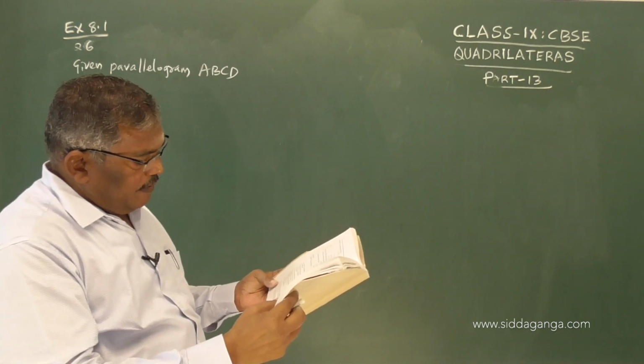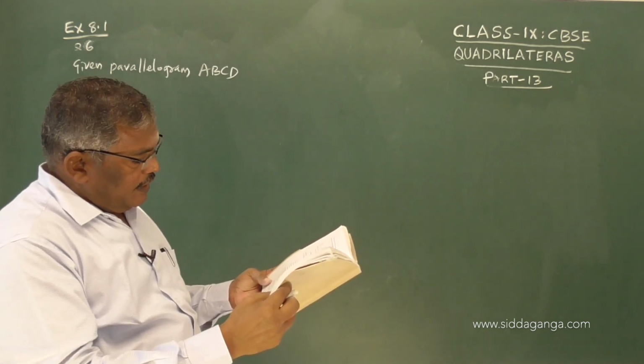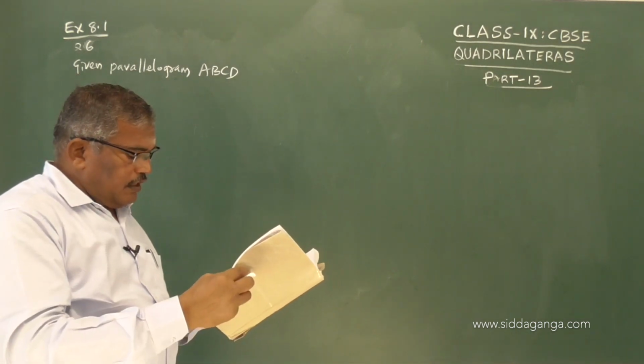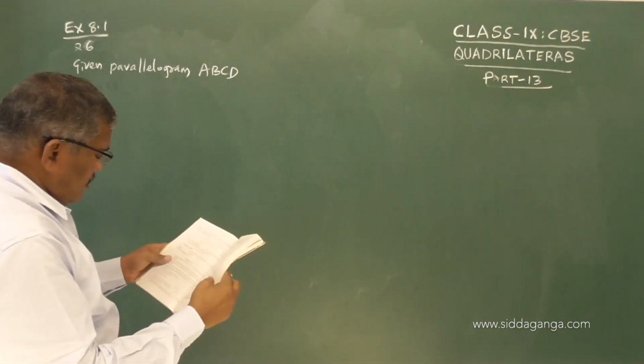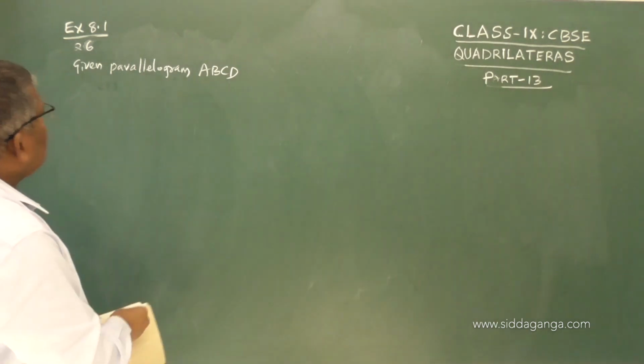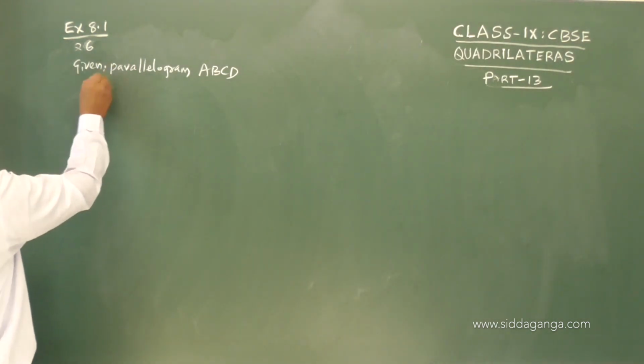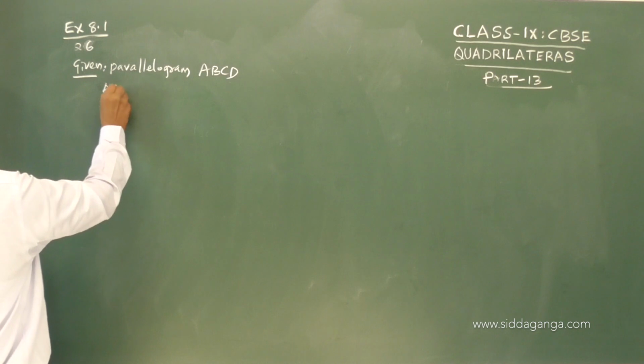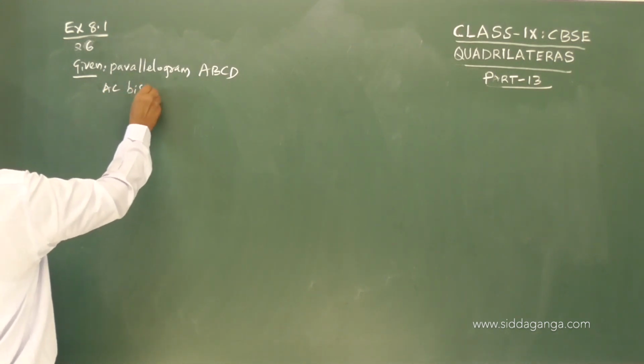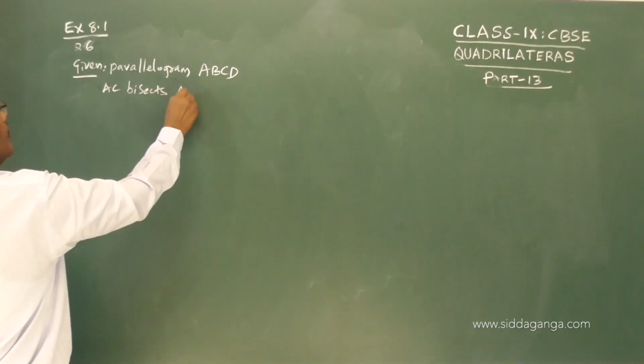Diagonal AC of a parallelogram bisects angle A. So, AC bisects angle A.